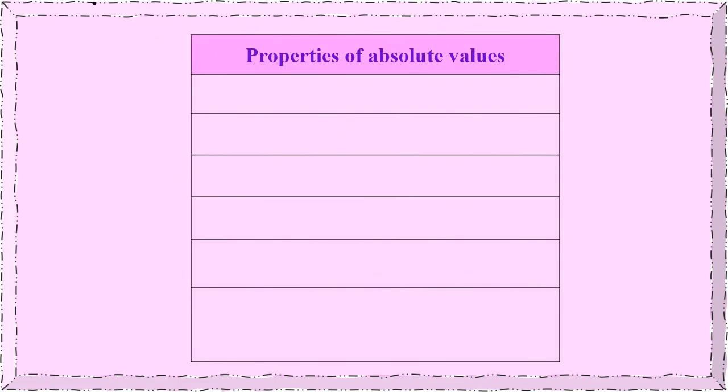Properties of absolute value. This one you have to take note and put in your short note for your reference during the exercises. First of all, absolute A is always more than or equal to 0, which means it is always positive.